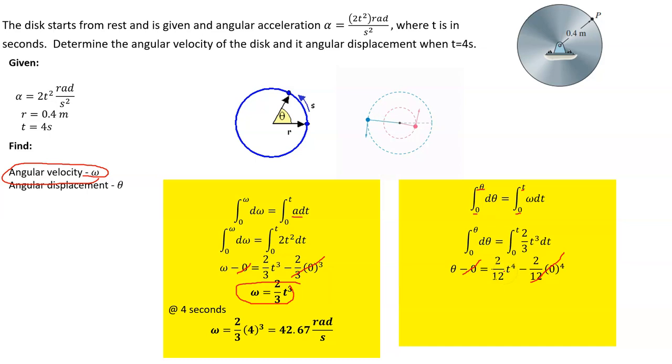So now you've got a new function of theta equal to 1/6 of t to the 4th. And we have a window of 4 seconds. And you end up with 42.67 radians. So that's how much it rotated.